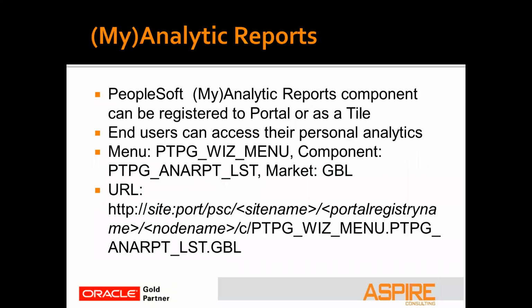The other piece that I like that really isn't talked about much is you can register a My Analytics report component, and then the end users can access them directly from their menu. So let me show you what that looks like.